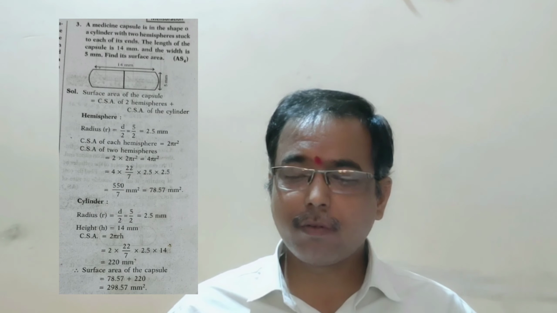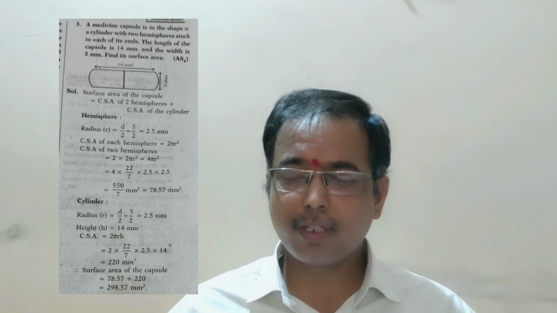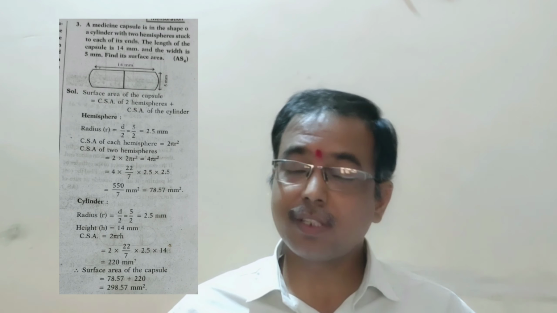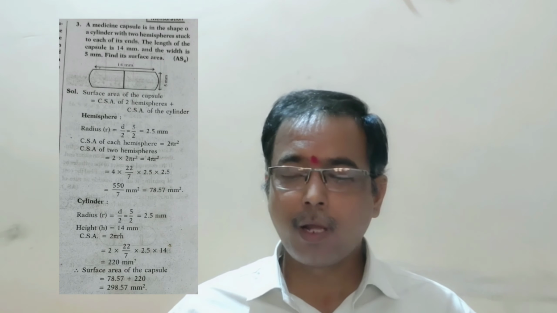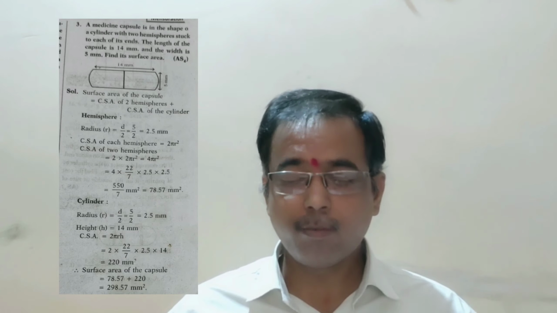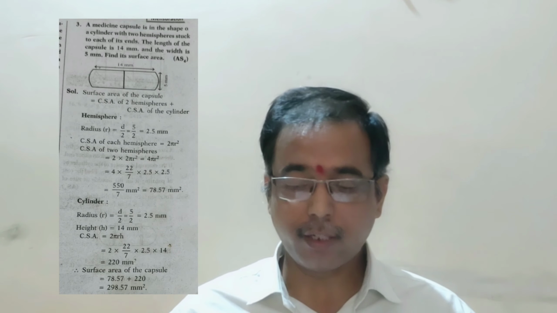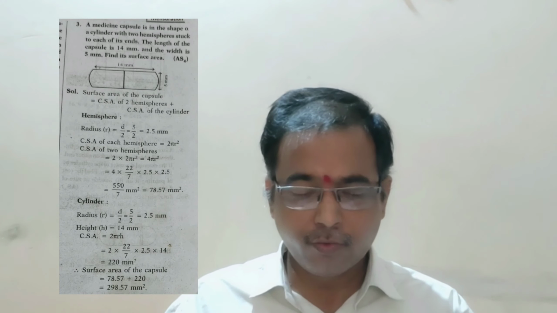Okay, remember that point. Next, a medicine capsule is in the shape of a cylinder with two hemispheres stuck to each of its ends. The length of the capsule is 14 mm and the width is 5 mm. Find its surface area. Okay, now one more important.